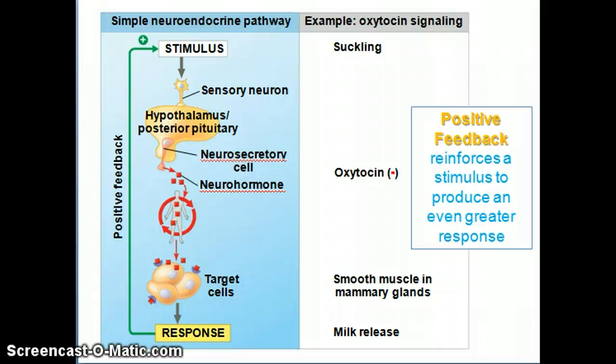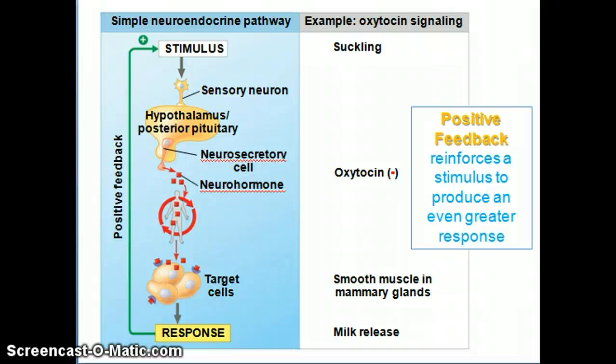oxytocin. And so in this example, the stimulus is suckling by a baby, and that sends a nervous message to a sensory neuron, which sends the message to the hypothalamus in the brain, which then sends a message to the posterior pituitary to secrete a neurohormone.